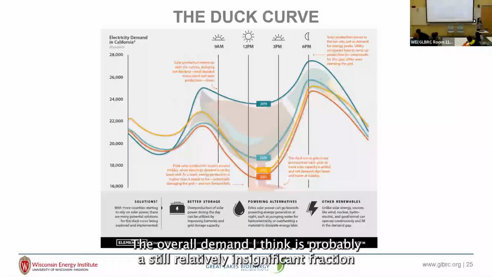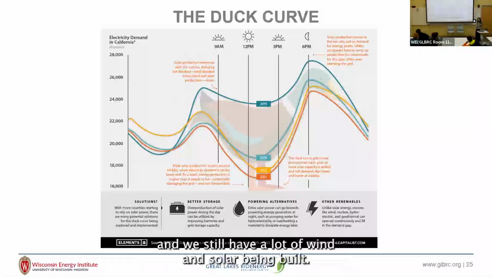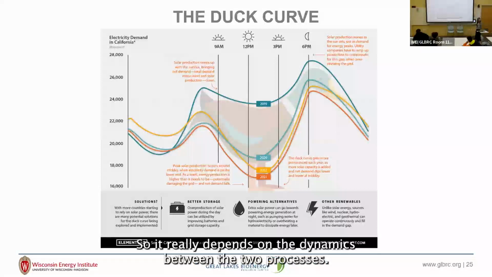I think it's probably still a relatively insignificant fraction, and we still have a lot of wind and solar being built. So if that speed exceeds the speed of electrification, the duck curve may get worse. So it really depends on the dynamics between the two processes.